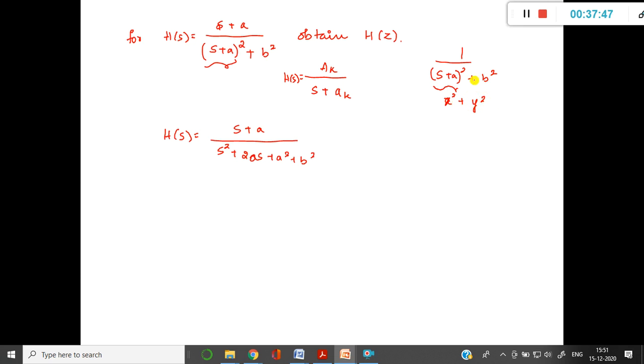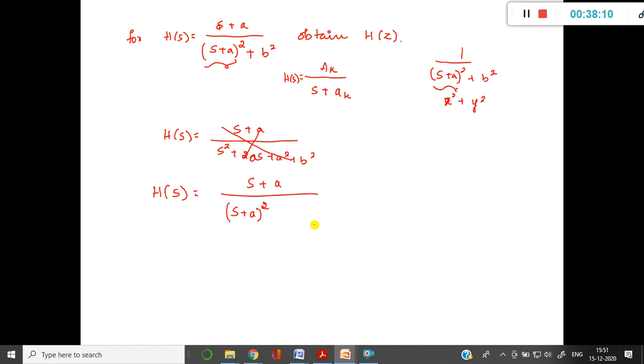So what I do is, somehow I try to make this behave like the a square minus b square formula. So what we do is, we'll remove this. So h of s is equal to s by a. This is one small modification that we have to do here. I write this as (s plus a) whole square as it is.